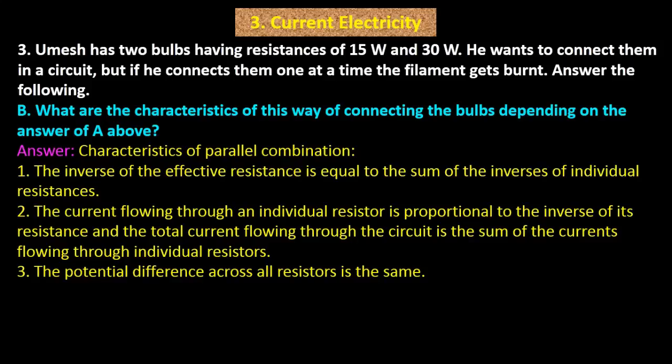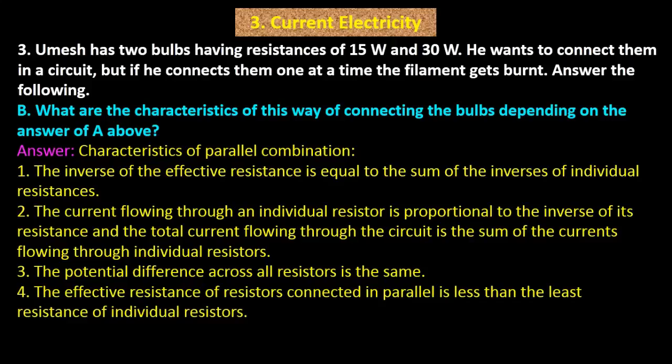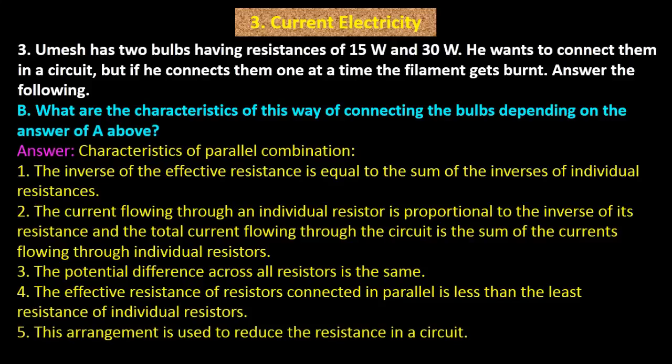The potential difference across all resistors is the same. 4. The effective resistance of resistors connected in parallel is less than the least resistance of individual resistors. 5. This arrangement is used to reduce the resistance in a circuit.